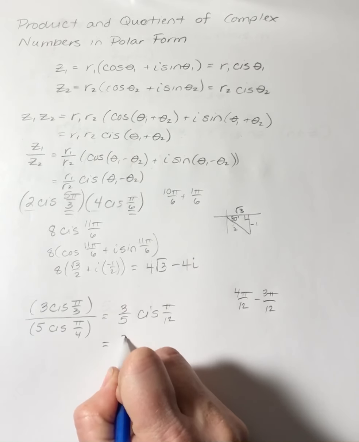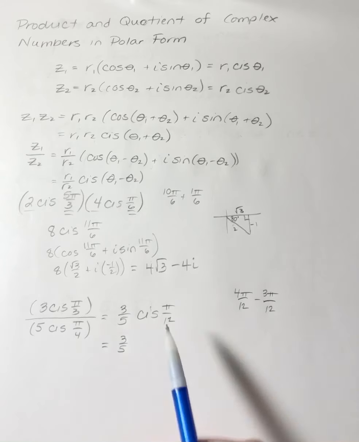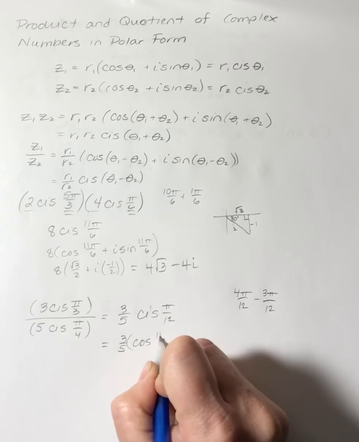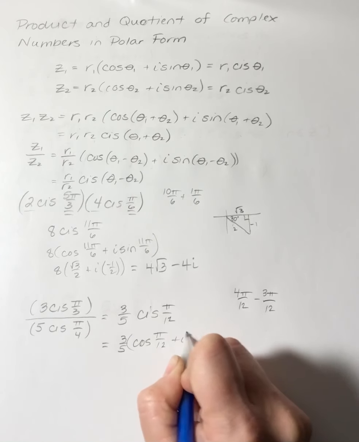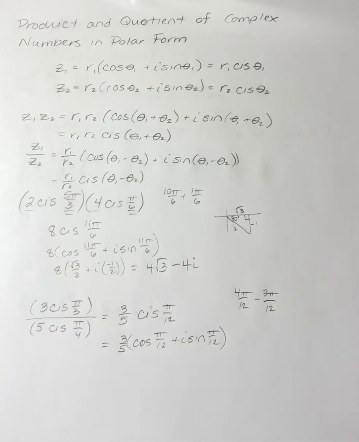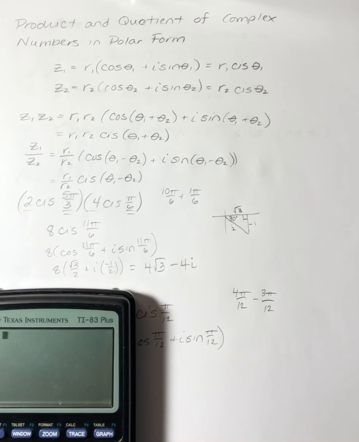So I have 3/5 cis pi twelfths. If they ask you to leave it in polar form, you're done. If they ask you to convert it to rectangular form, this would be a calculator problem. So you would need to take 3/5 times the cosine of pi twelfths.